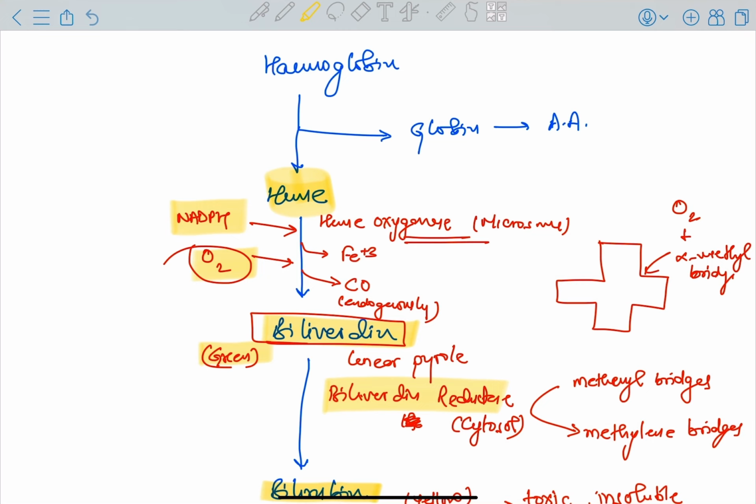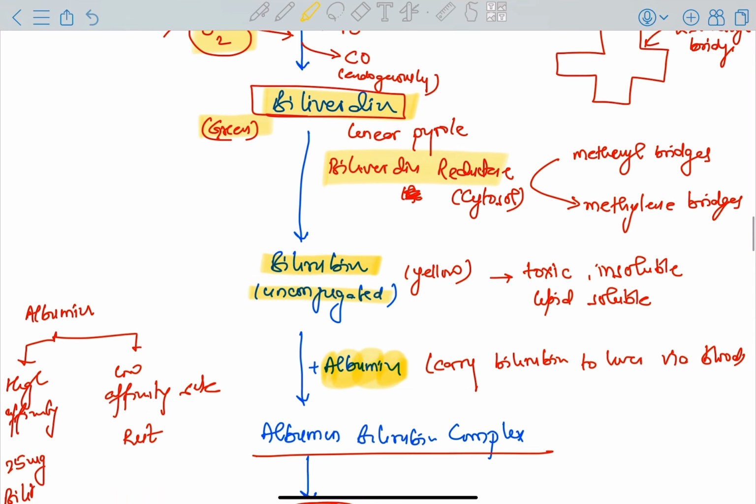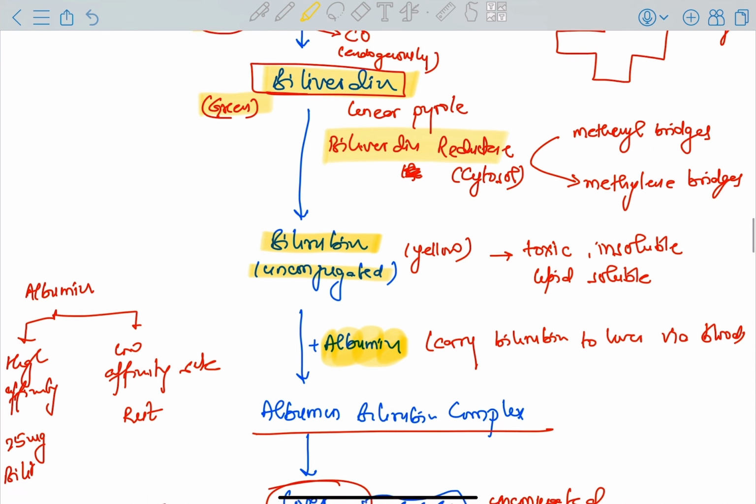Oxygen acts on the alpha-methene bridges to form the linear pyrrole. Now biliverdin reductase acts, which is present in the cytosol. यहाँ पे alpha-methene bridges is converted to methylene bridges, and a yellow-colored bilirubin, unconjugated bilirubin, is formed here, which is toxic and insoluble.